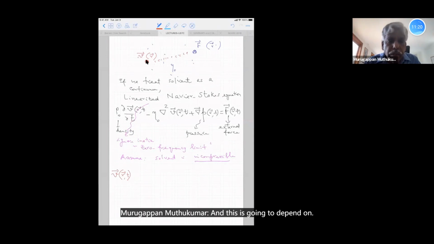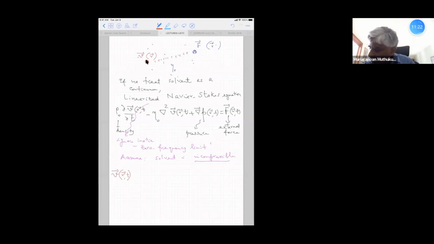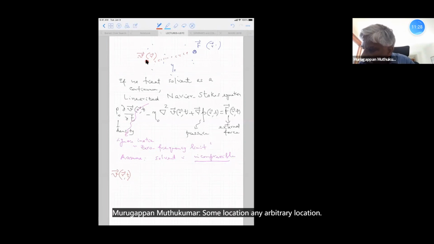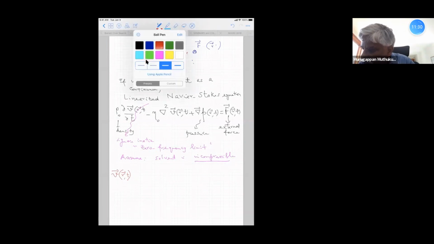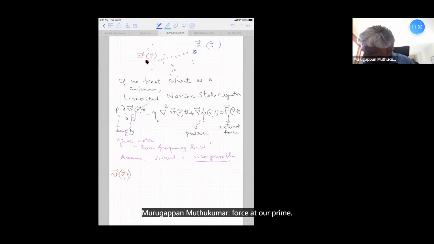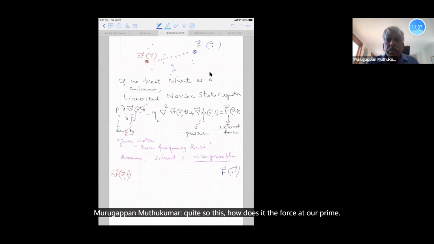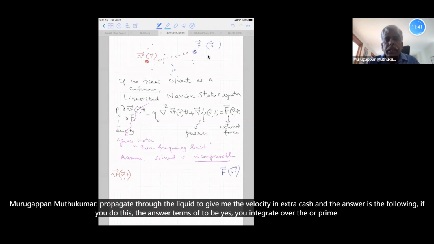And this is going to depend on the force at some arbitrary location, the force at R prime. So how does the force at R prime propagate through the liquid to give me the velocity? That's the question, and the answer is the following.